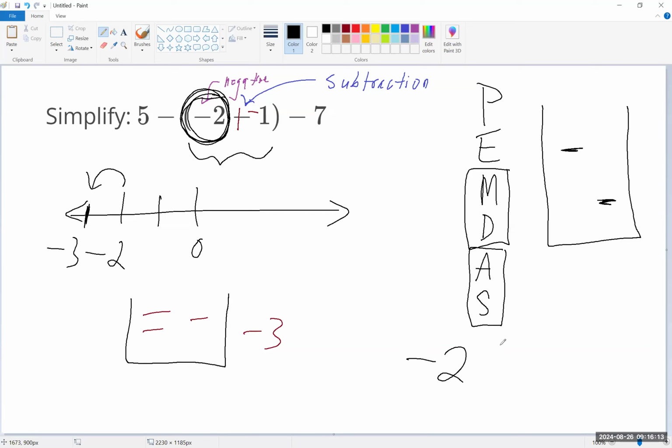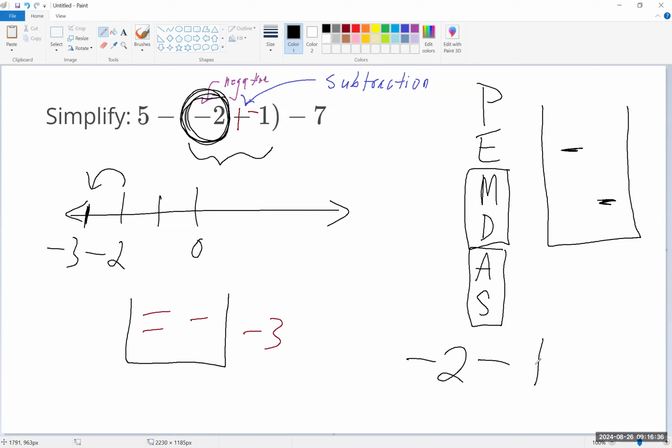And it's telling you to subtract a 1. But if you look inside your bin, you cannot subtract a 1 because you don't have any positive ones to subtract.